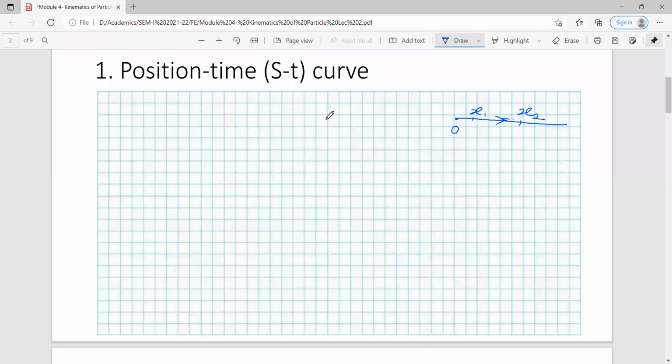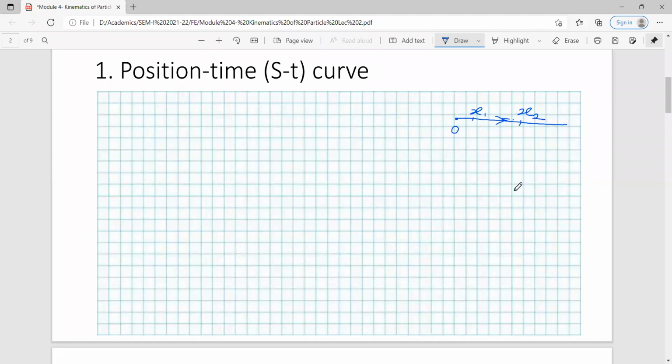Either I can fix the interval in case of displacement, or I can fix the time interval, so that I record the position of the object after each 5 seconds. In that way I can make a table.